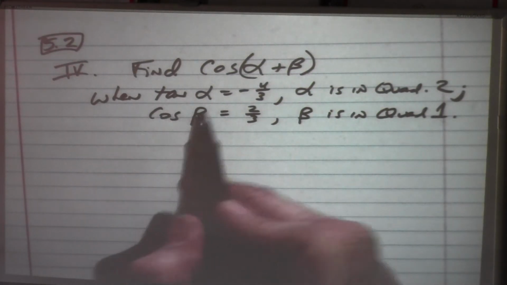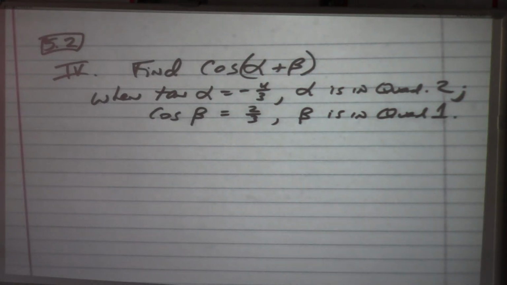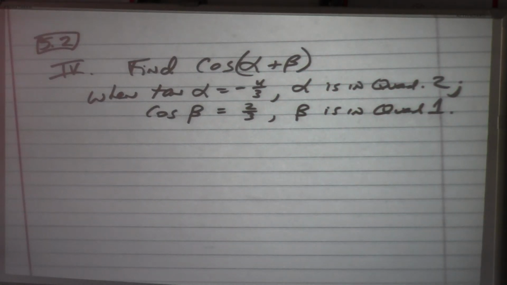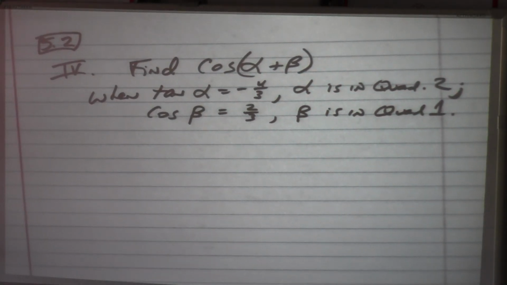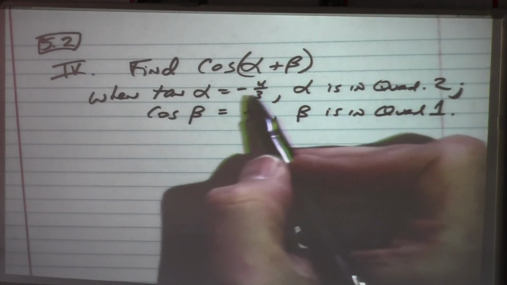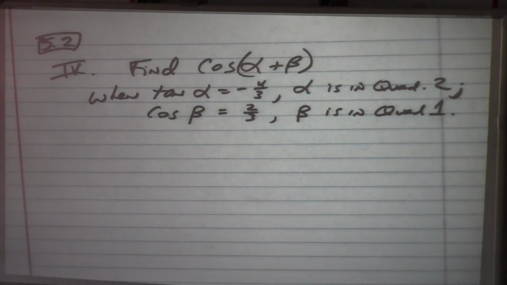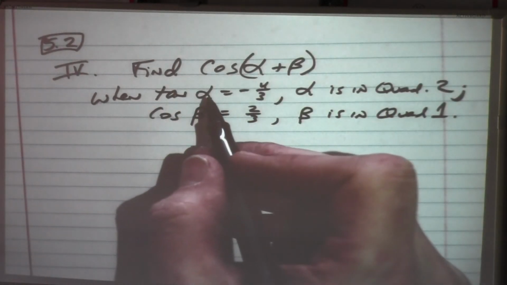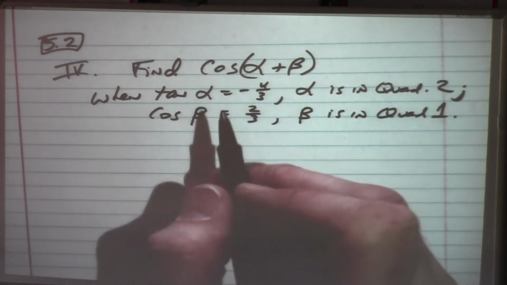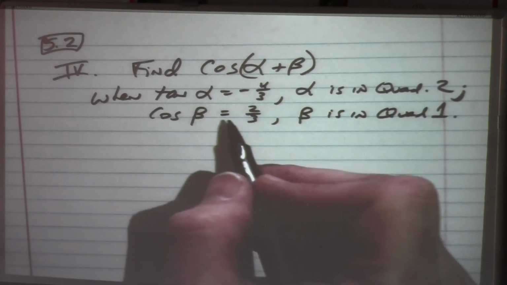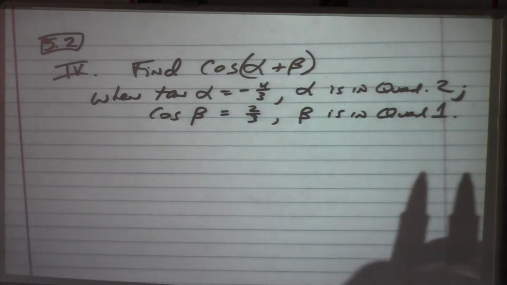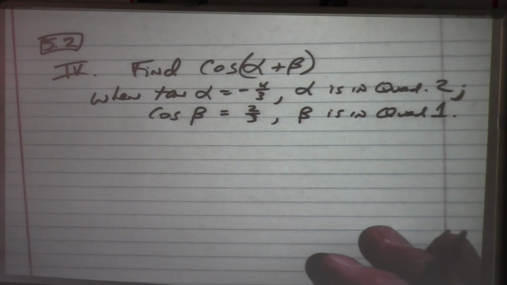We are given one of these, the cosine of beta, but we don't know the other 4. We don't know the sines and we don't know the cosine of alpha. But this is enough information for you to figure out what the sine and cosine of alpha are, and what the sine of beta is.